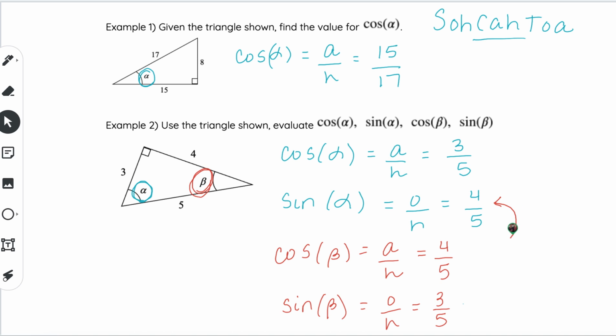Take a look at sine of alpha and cosine of beta, as well as cosine of alpha and sine of beta. Noticing we're getting the exact same thing. So maybe there is something going on here that might be interesting to dive a little deeper into.